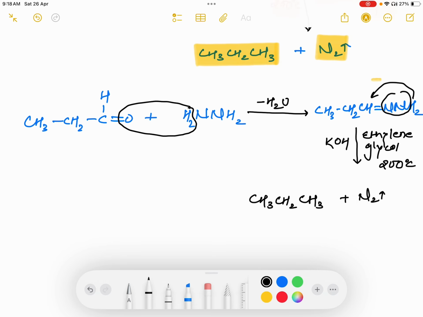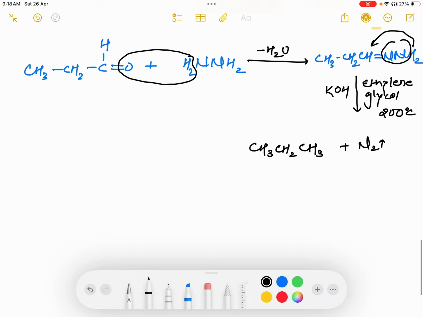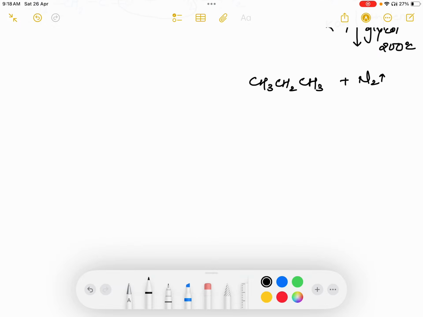Next, we have how to do the iodoform test, or what type of aldehyde and ketone gives a positive iodoform test. So that's our next one. Let's go for it. I have already explained to you about the iodoform test, but still let me repeat it. So what exactly is this?